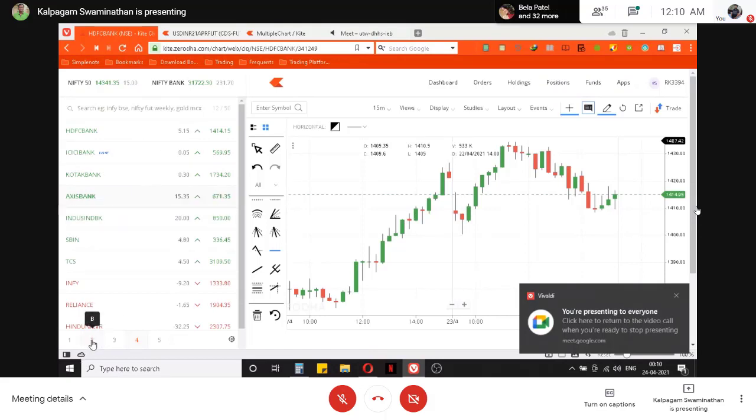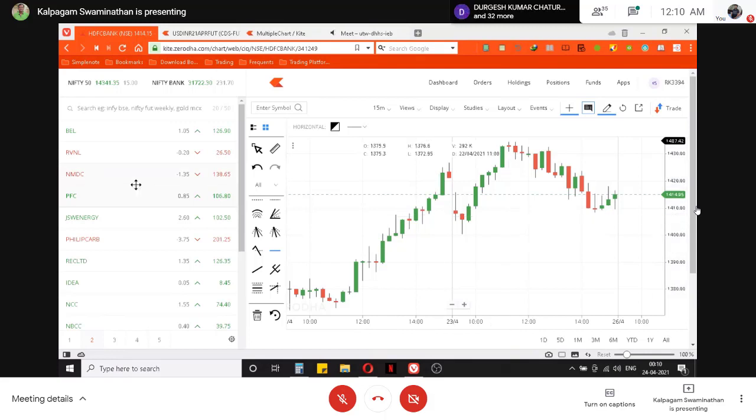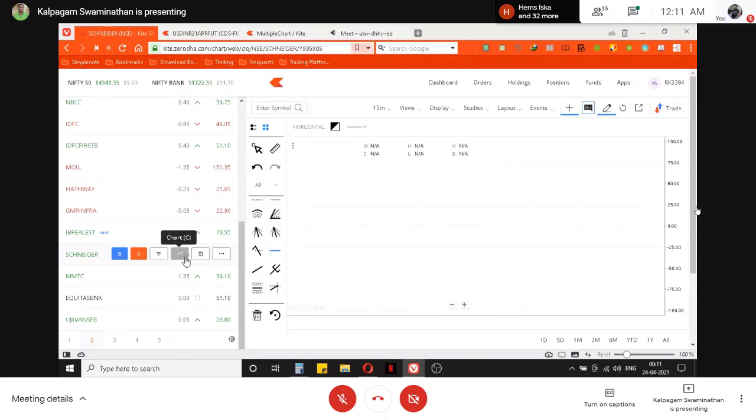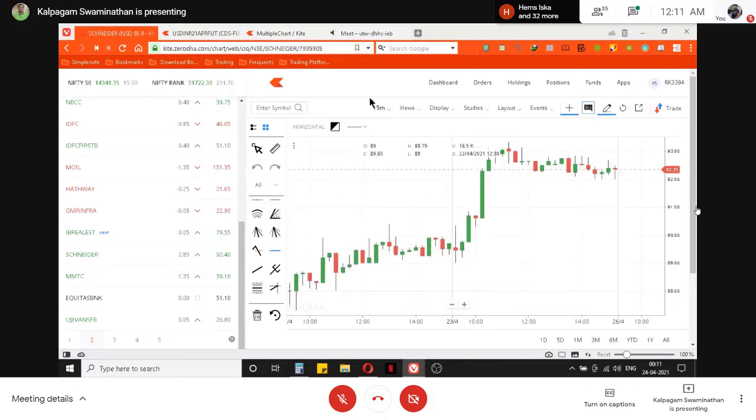Now, one last thing. For people who are interested in trading on margins, you know that SEBI has been insisting that you should not have margins. Now, there are some hidden stocks on which Zerodha gives you 8 to 10% margin. For instance, take the Schneider Electric share.